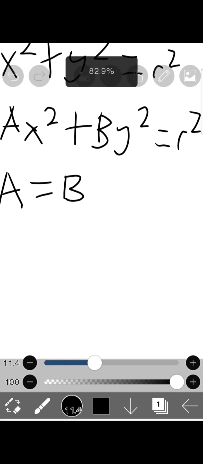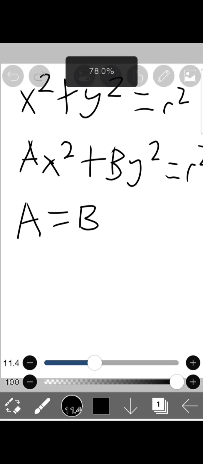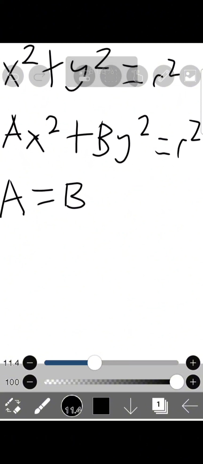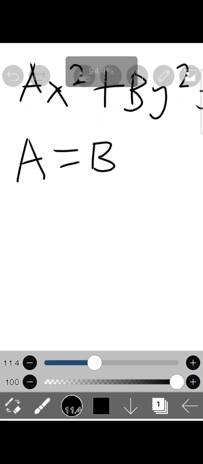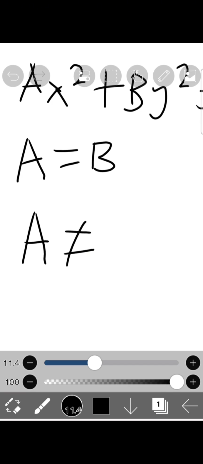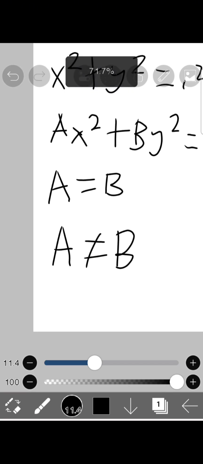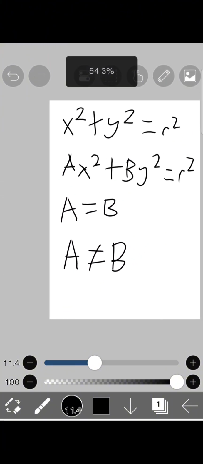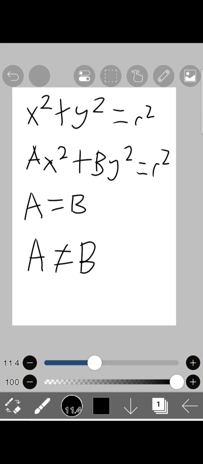But here in this case, like during the last clip I showed you, I want to set up that a is not equal to b. So even if I put any random values, they shouldn't be equal. So are they still a circle? Obviously not. So what are we gonna do?